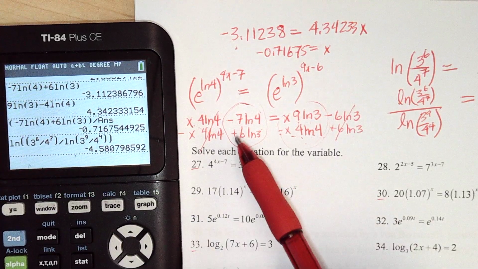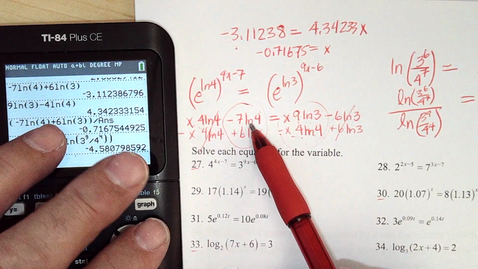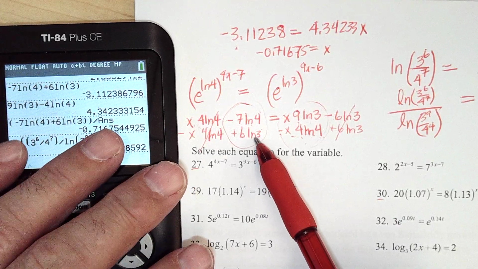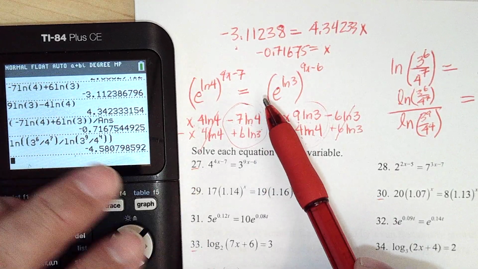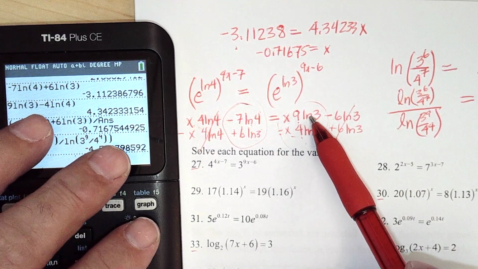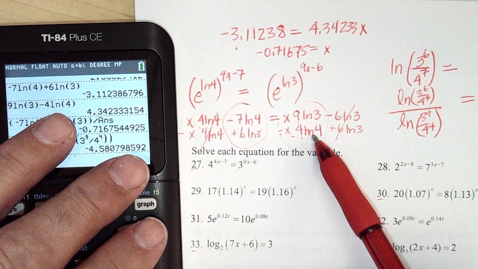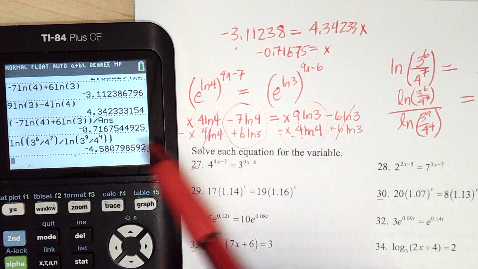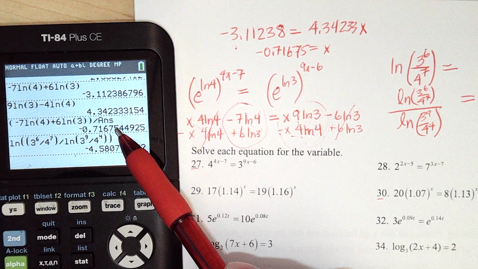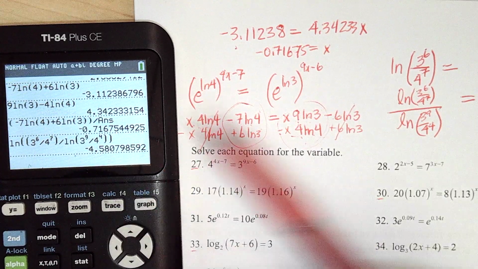Negative 7 ln 4 plus 6 ln 3, all of that divided by 9 ln 3 minus 4 ln 4, which was this answer. And this should give me the same answer.